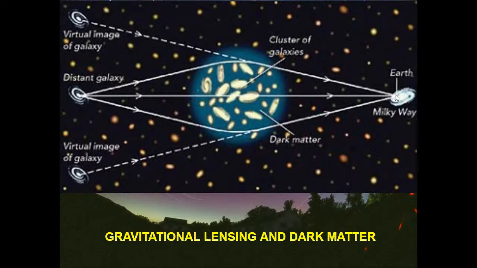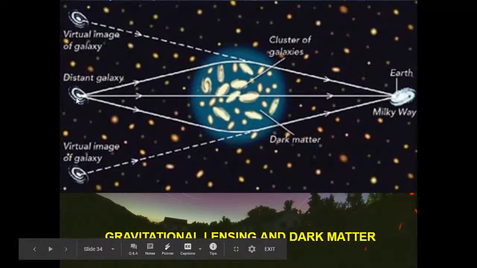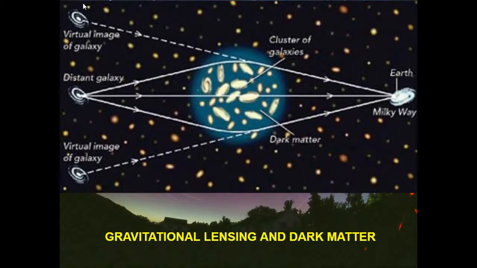The observer here on earth would think that the light is coming from this direction, and similarly this light ray will make the observer on earth perceive the source of the light to be in this direction, and therefore a point source which is collinear with the center of the cluster and center of the earth will appear like a ring. This was discussed by Einstein himself, and that's the reason why such a ring-like image of a point source is called an Einstein ring.